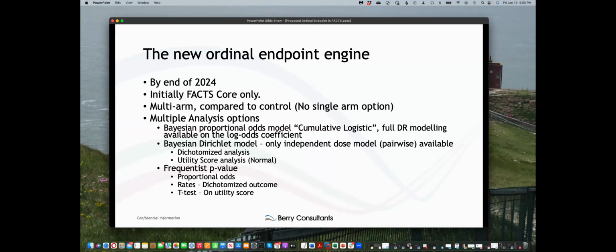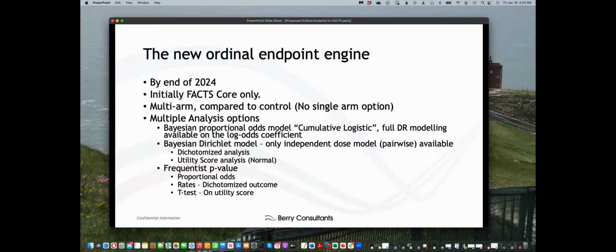Unlike dichotomous and continuous, there won't be a single arm option here for the ordinal endpoint. One of the things that will be a little bit different about ordinal is that there will be some different Bayesian models you can select for doing the analysis, which my colleague Todd Graves is going to talk about in a moment.